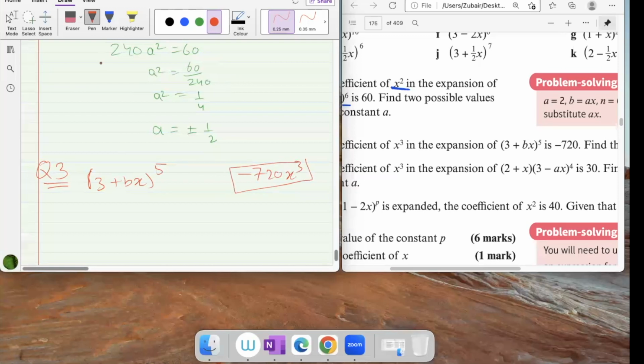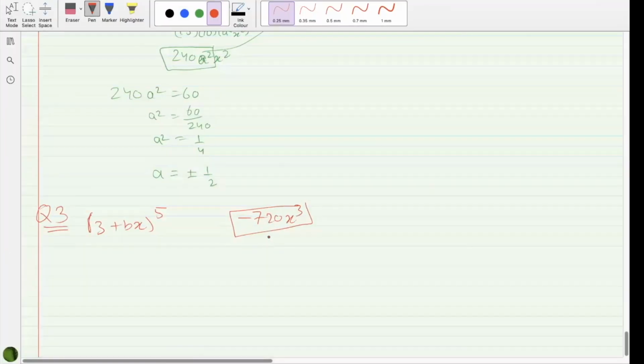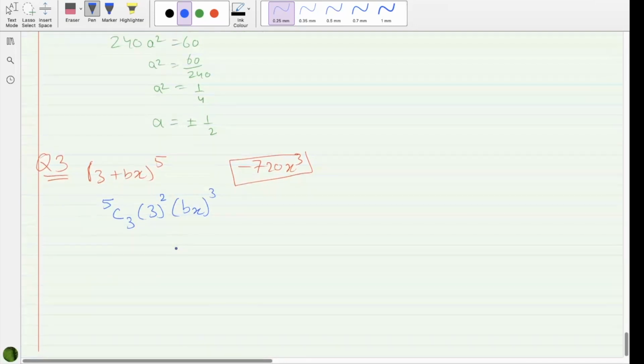This is the given data. So we need the term in x cube. We already know that there is no x in the first term; in place of 3, there's no x. So we can directly go for the value when r is 3. That is 5C3 into 3 raised to power 5 minus 3 into b raised to power 3. This is the term when we will get x cube.